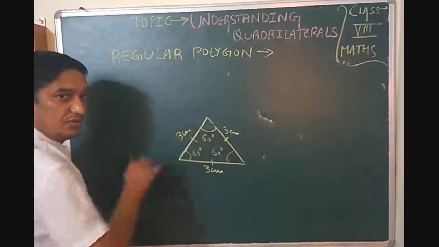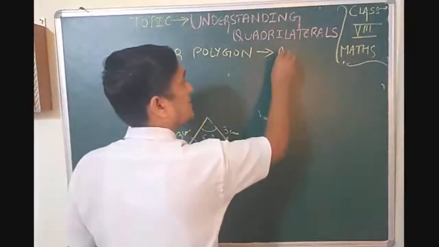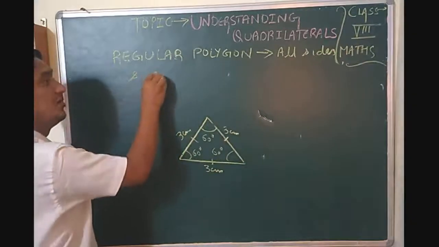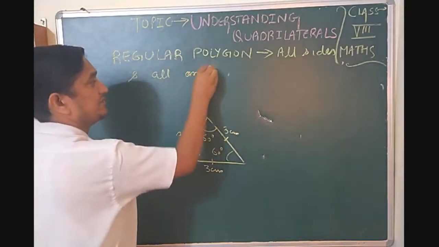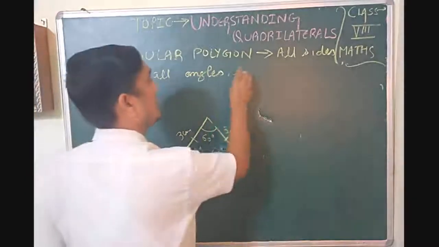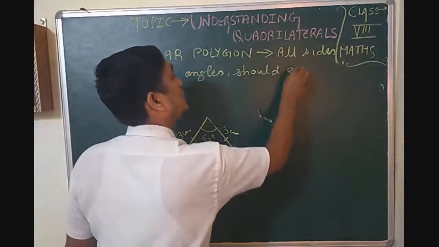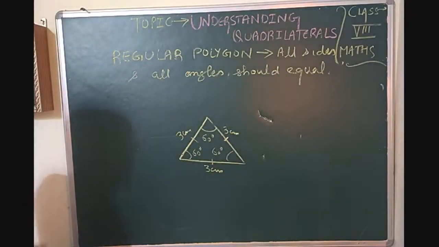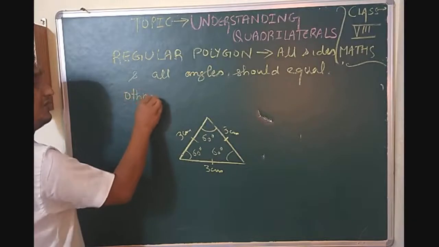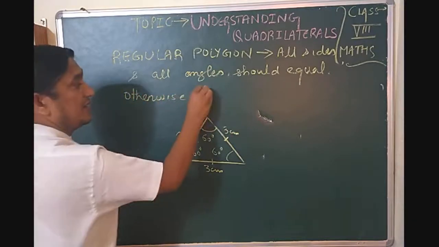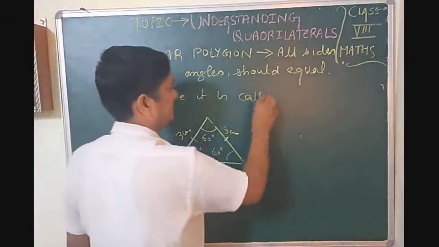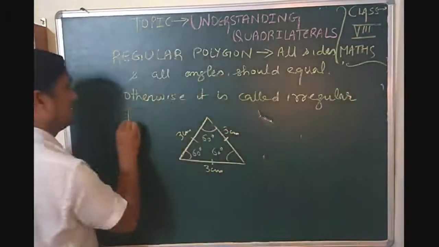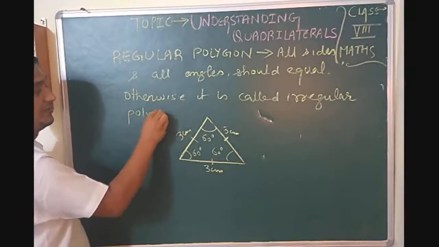So children, remember, regular polygons are those polygons in which all sides and all angles should be equal. Otherwise, if not equal, it is called an irregular polygon.